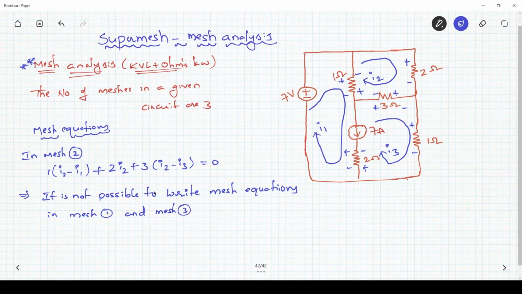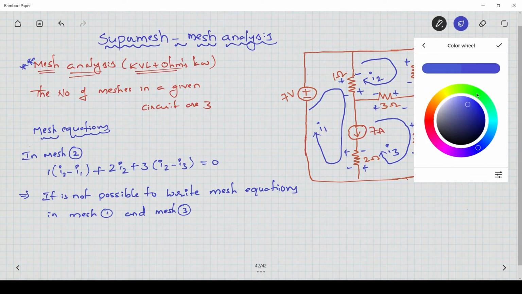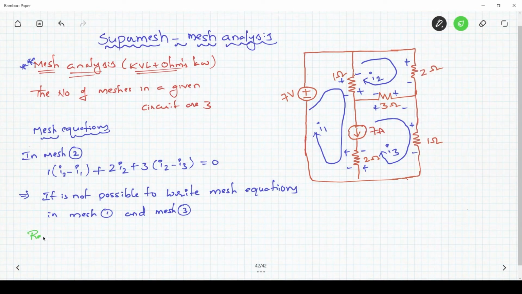What is the reason? The reason is the current source is common to both mesh 1 and mesh 3.